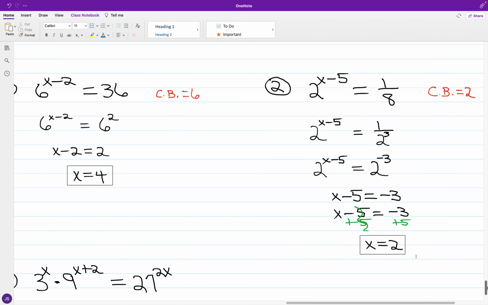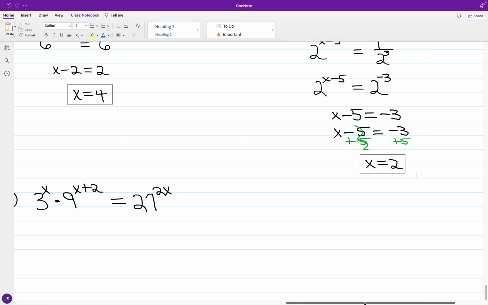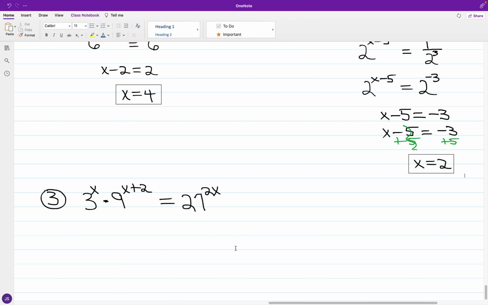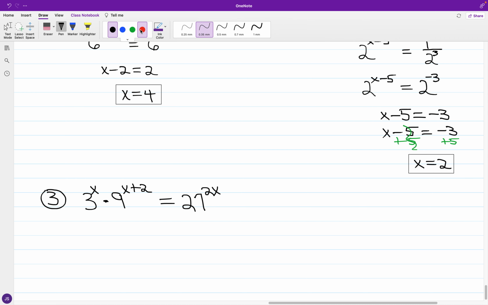Okay, now for this equation, we got 3, 9, and 27 as exponential bases, and we have the common base already appearing. So we have base 3 already for the first, so we have 3 to the x.